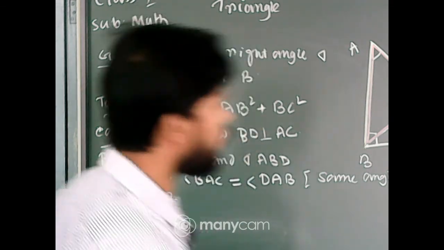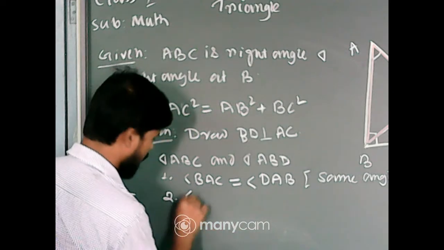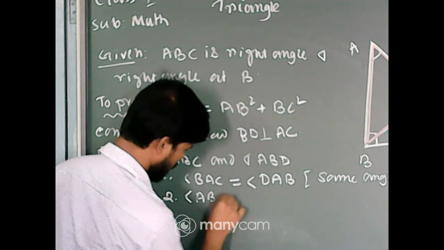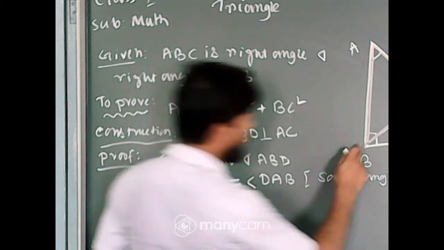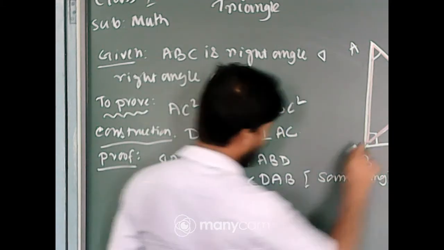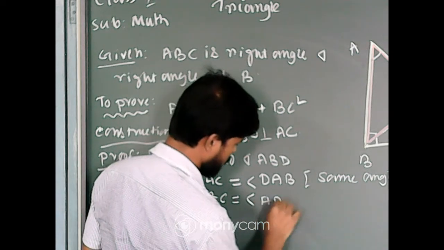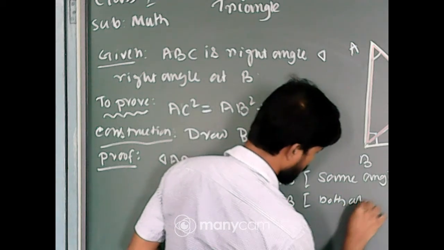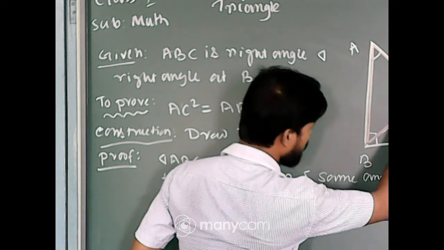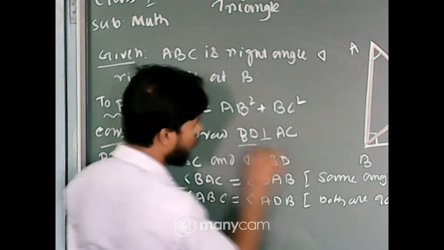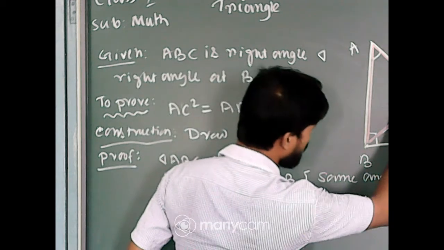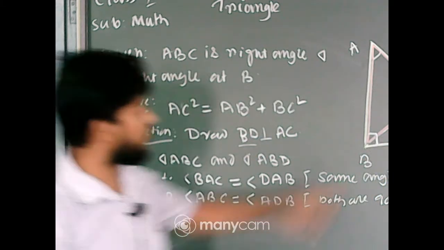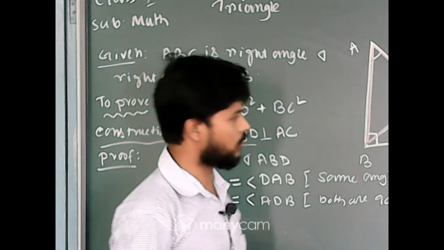Angle B, meaning angle ABC, is equal to angle ADB. Why? Because both are 90 degrees. This is 90 degrees according to the construction. We drew BD perpendicular to AC, so this angle is equal to 90 degrees. Also, as the triangle ABC is a right angle triangle with a right angle at B, this angle is also 90 degrees.